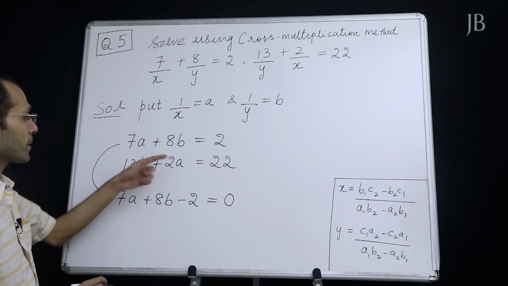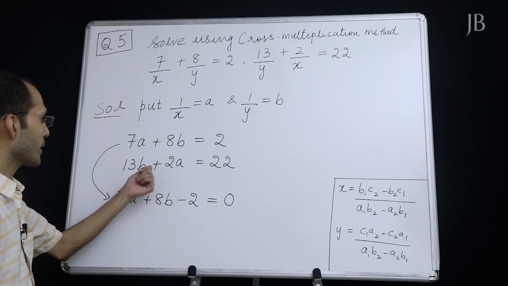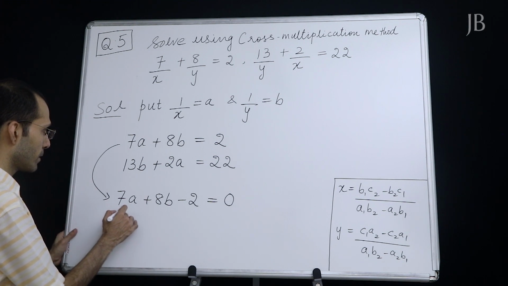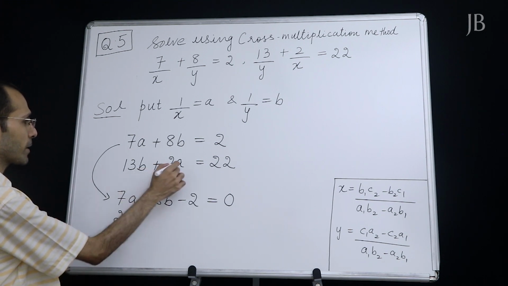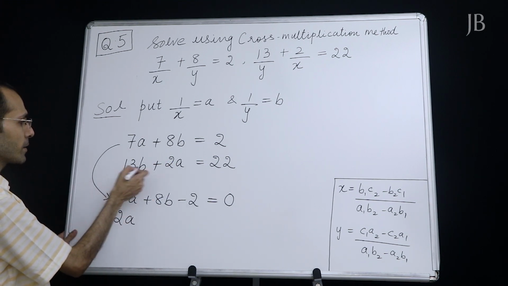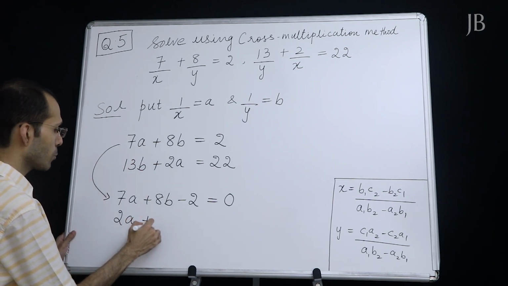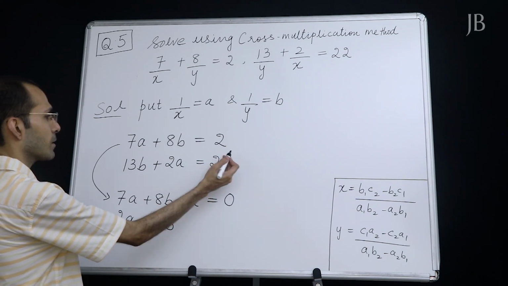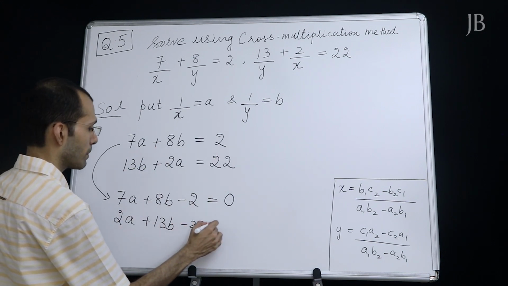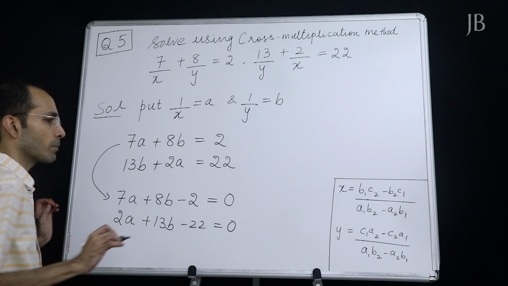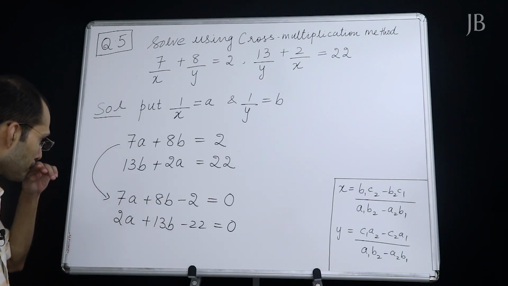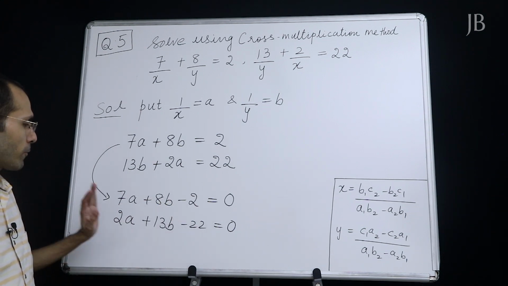This is 13b plus 2a, this we will have to take care. So this is plus 2a, I am not changing the value, I am writing plus 2a. 13b is positive because no sign before means it is positive. So 2a plus 13b, and this we will take here, minus 22 is equaling 0. Put the RHS as 0. Okay, now they are in proper form.